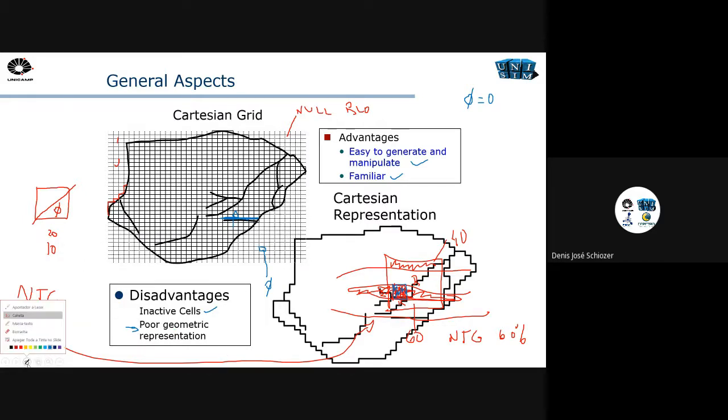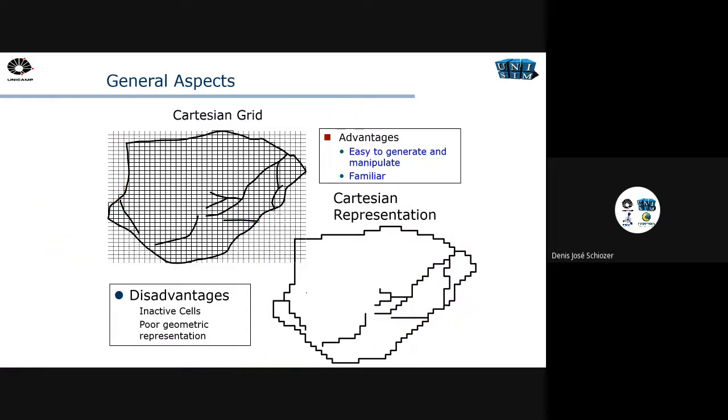One way to do it a little bit more complex is to represent a Cartesian grid like this one. If you see this reservoir here in the bottom part, I'm representing this complex reservoir by a Cartesian grid.